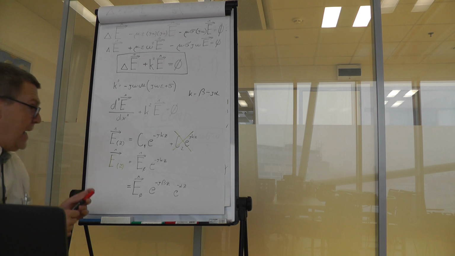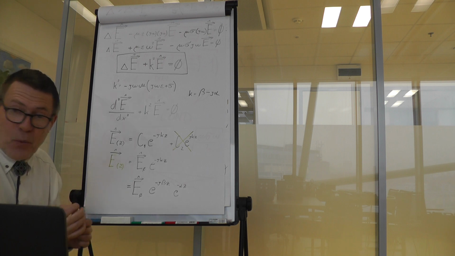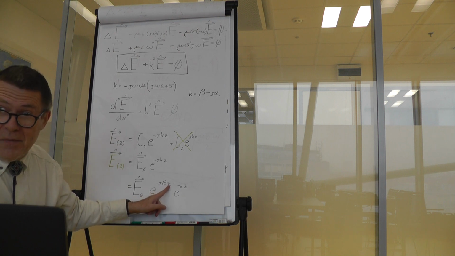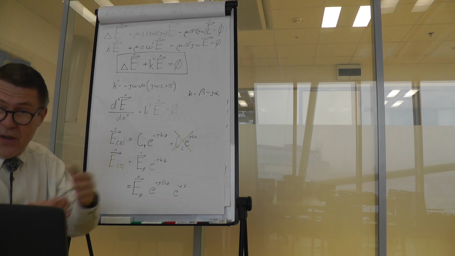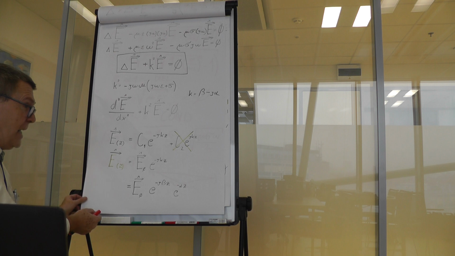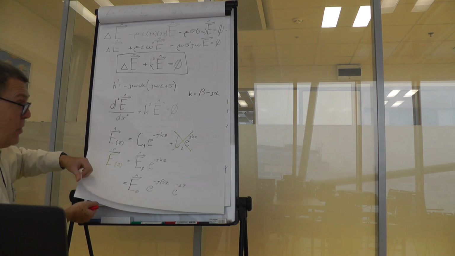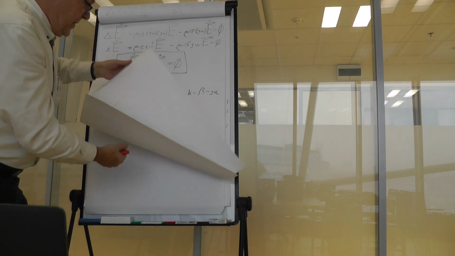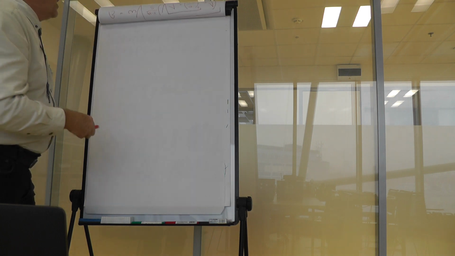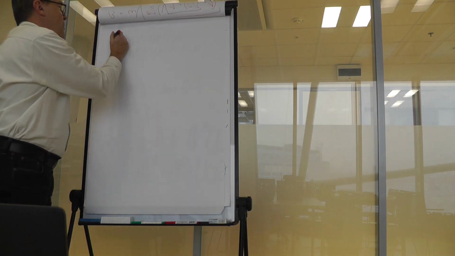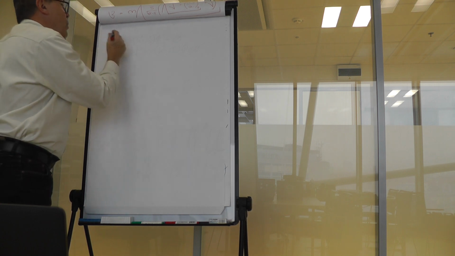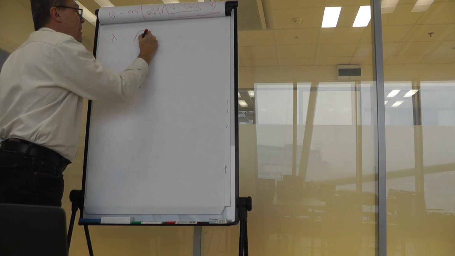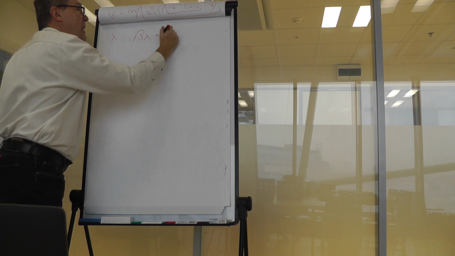So wavelength is such a distance at which beta z gets to 2 pi, because that's the period of sine or cosine. So we now know that a wavelength is such a length where beta times length is 2 pi. So we can put it into a formula. Calling a wavelength lambda, we know that it must hold that beta lambda is equal to 2 pi.